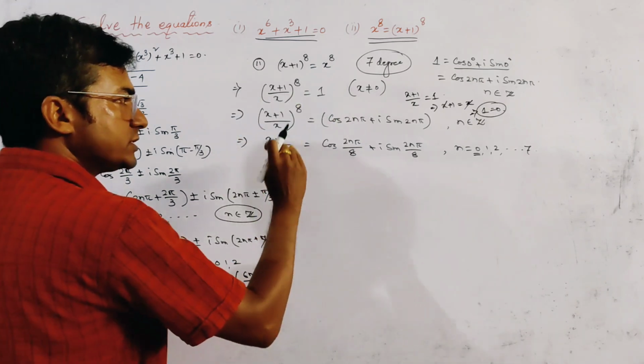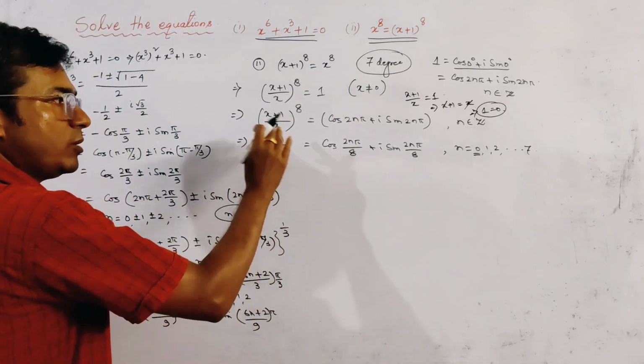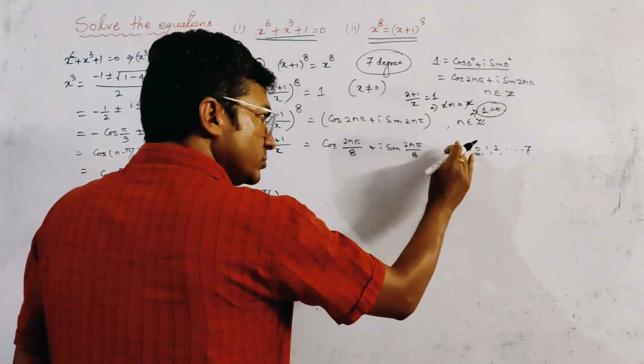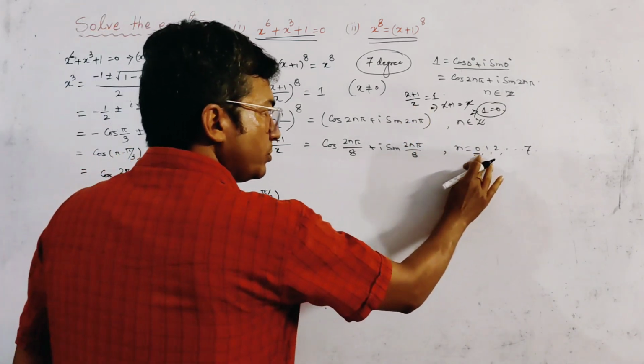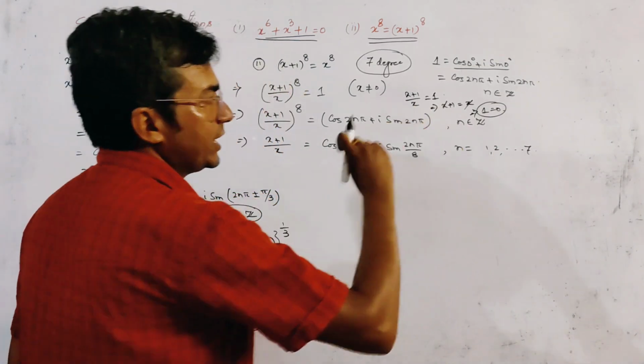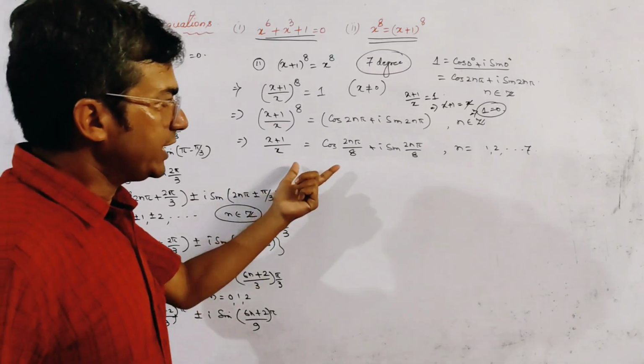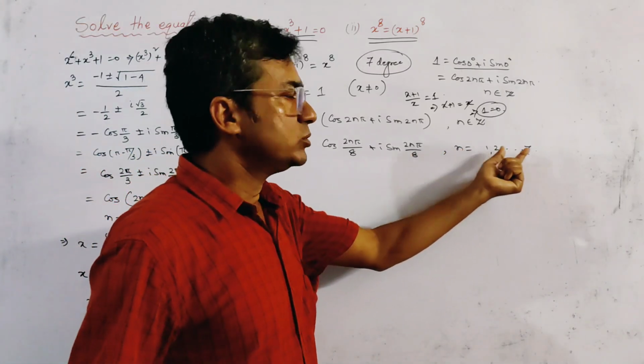Okay, for this reason, since there is no value of x for n = 0, we drop this value of n. So we get n = 1 to 7.